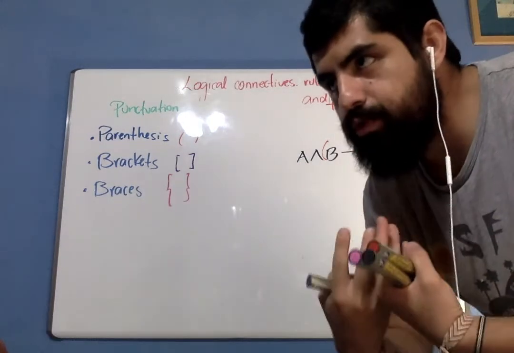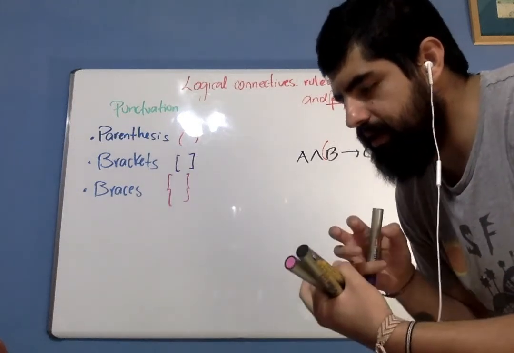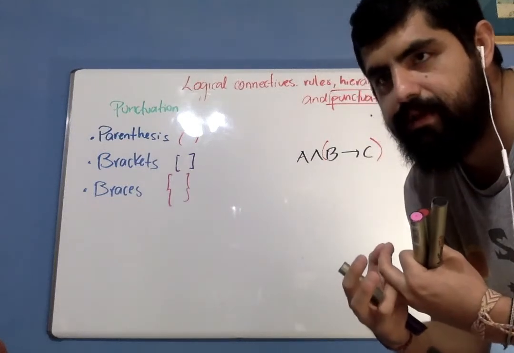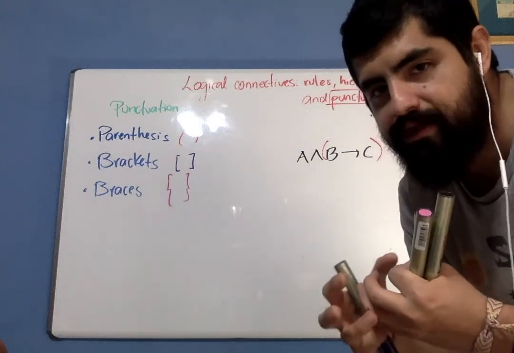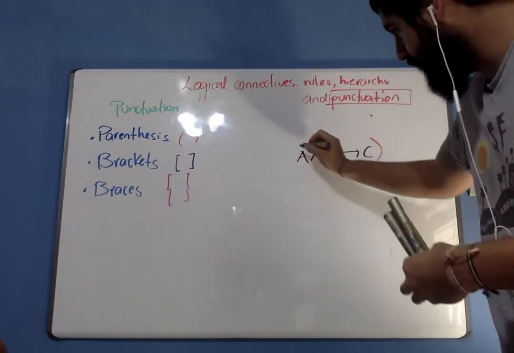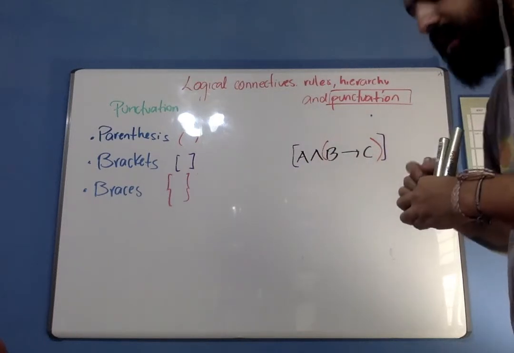What punctuation marks do is give a new meaning to the variables of the expression, because they are like grouping, they are gathering the expressions. So imagine that now we can group all of these with brackets.